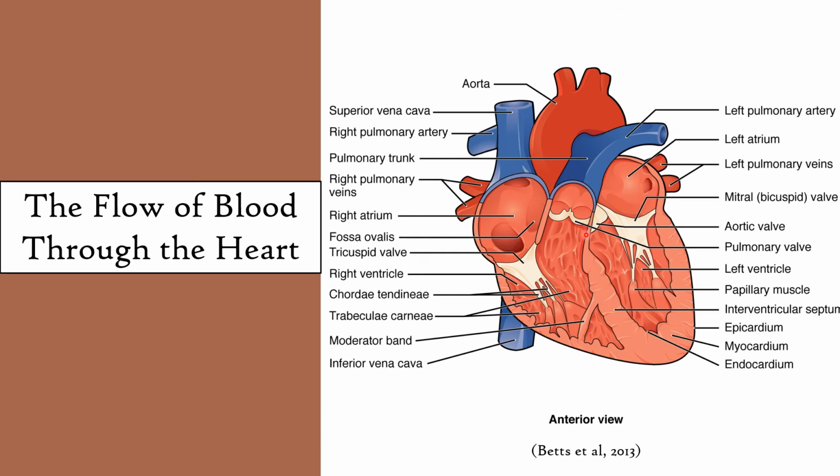And then the interventricular septum is down here, and it divides the right and left ventricles. The chordae tendineae and papillary muscles help add strength to the valves and prevent them from flapping open. So they are this white structure right here, and the papillary muscles are down here in both the ventricles.